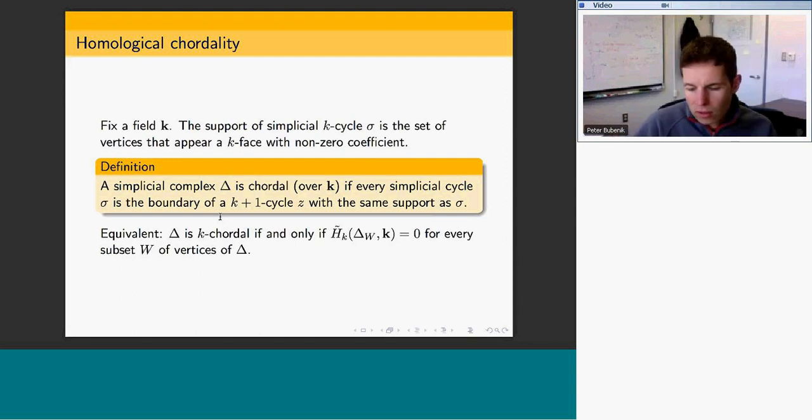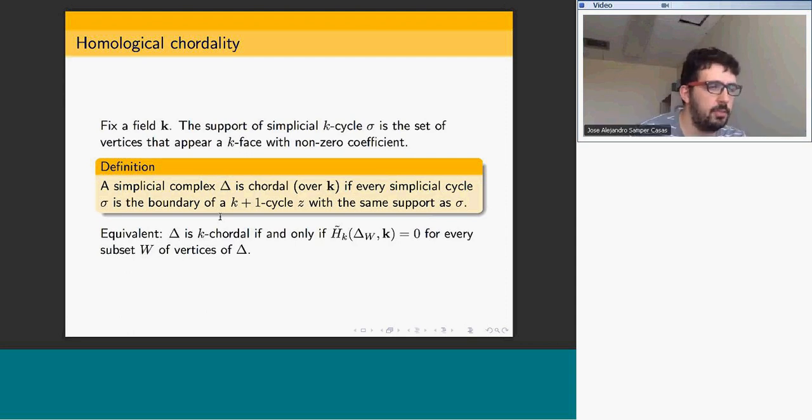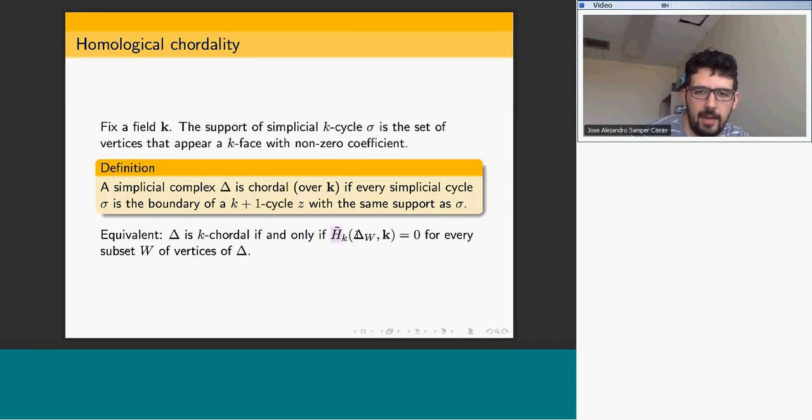Okay. So all the subcomplexes, including the simplicial complex that you're starting with, so you can think of the induced subcomplexes taking all the vertices. All of the induced subcomplexes have to have vanishing homology. Look, I'm highlighting it here. So for an induced subcomplex, the k-th homology is equal to 0.